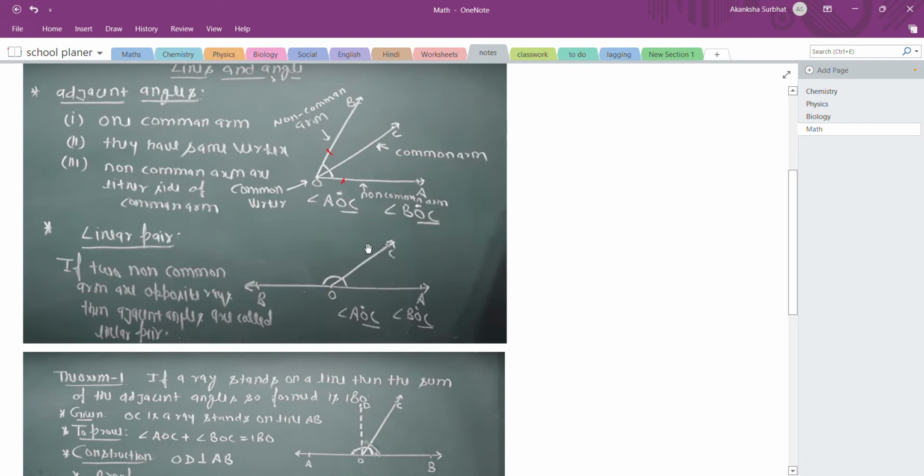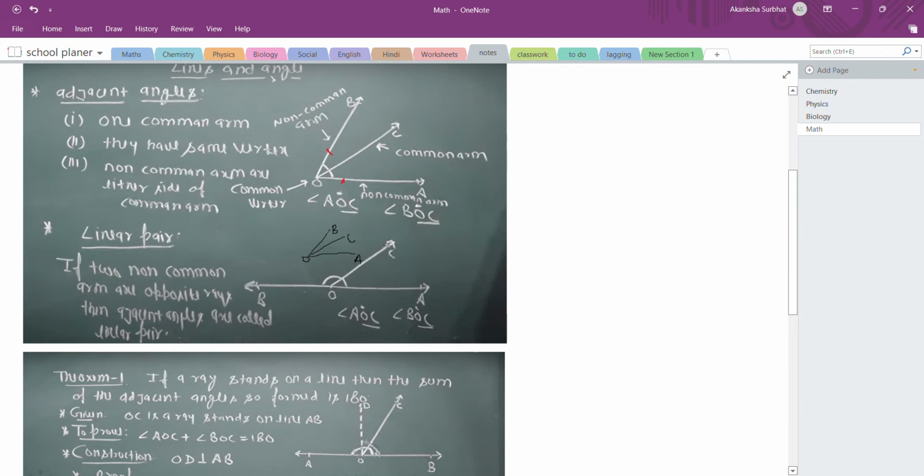It was an angle like this, where this was O, this was C, and this was A. So what would this be called? This would just be called adjacent angles.